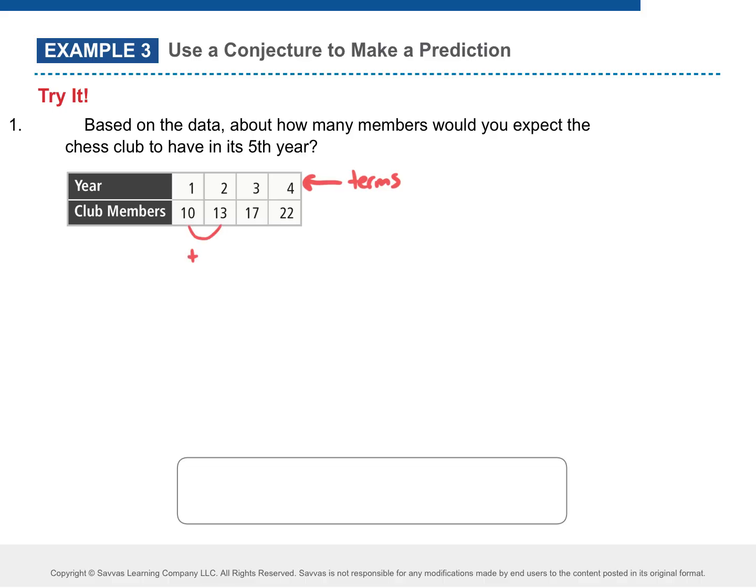Adding 3. How do we get from 13 to 17? Add 4. 17 to 22? You'd add 5. So what would my next one be? You'd add 6. What's 22 plus 6? 28. So smart. Sometimes you will have your sequences in a table.